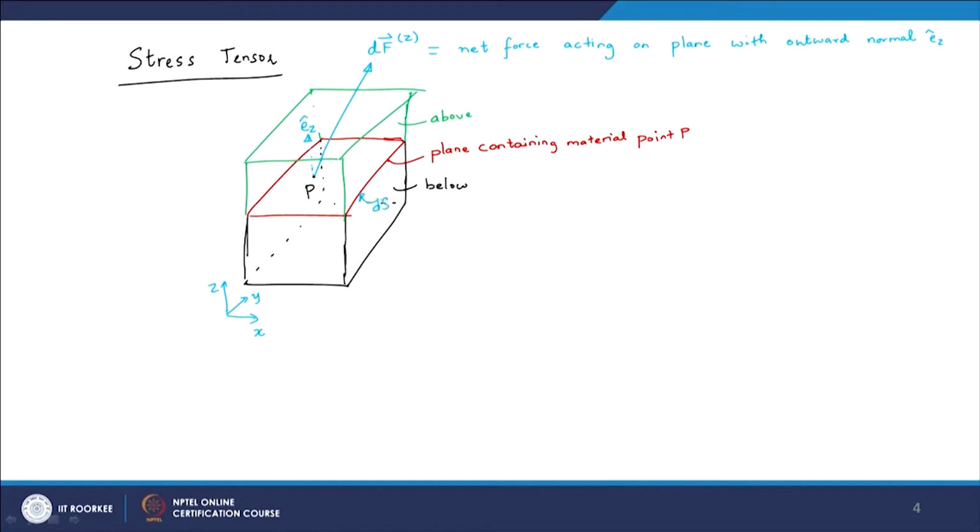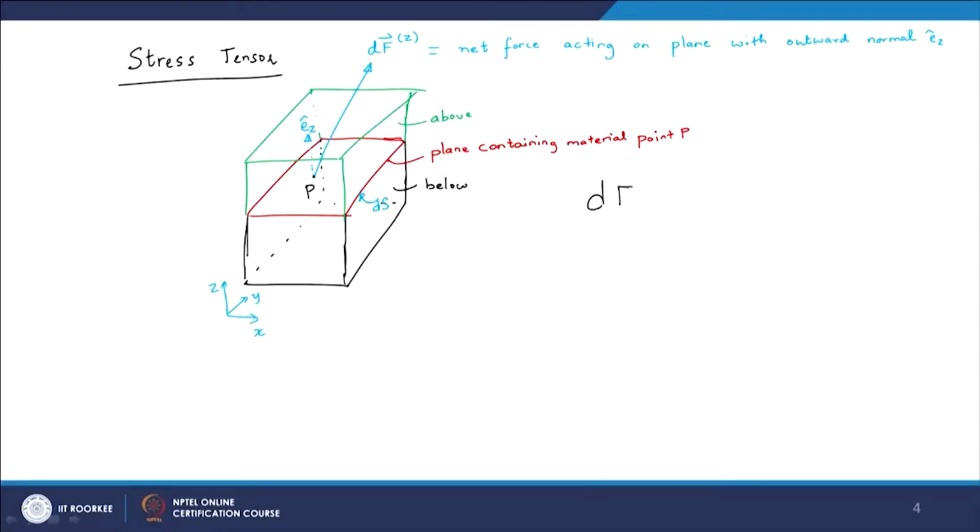So, now this plane will also have some surface area, let us call it ds. Okay. So, the first thing you will notice is, we are talking about the force that is acting on the plane. If the plane had a larger area, the force must be larger, just because as I increase the area of the plane, you will have more molecules above and below.